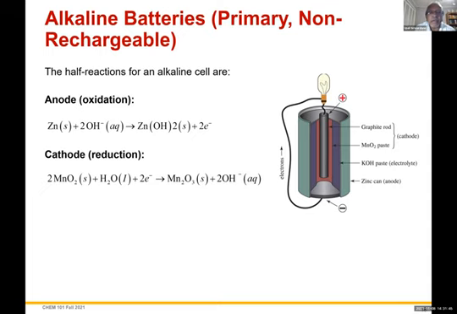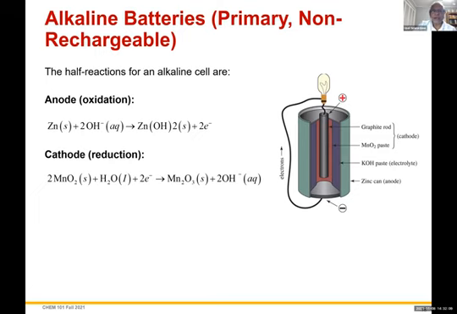Manganese goes to manganese 3 oxide. Manganese in MnO2 has oxidation state 4. In Mn2O3, manganese is 3 plus. Two manganese dioxide accept 2 electrons.